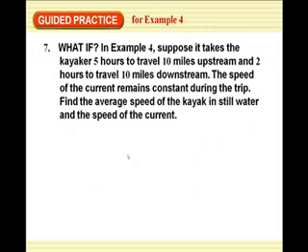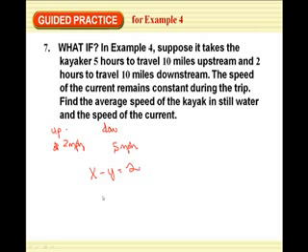Suppose it takes a kayaker 5 hours to travel 10 miles upstream and 2 hours to travel downstream. The speed of the current remains constant during the trip. Find the average. So it's the same thing. 5 hours to travel upstream 10 miles, so upstream they're going 2 miles per hour. Downstream, they're going 5 miles per hour. So x minus y equals 2, x plus y equals 5.